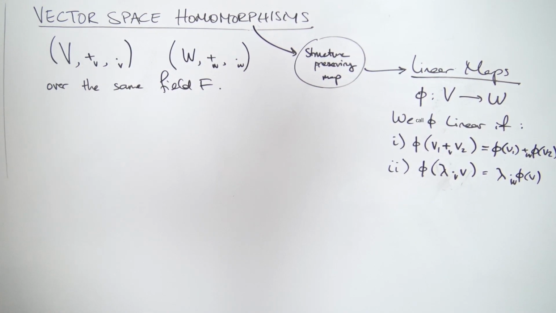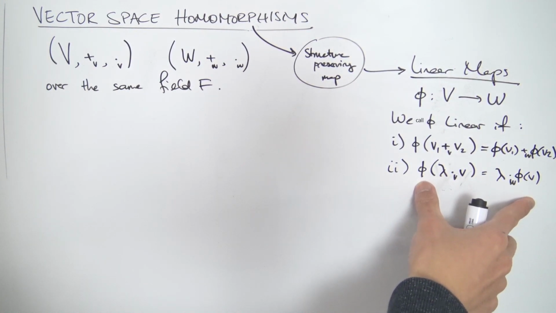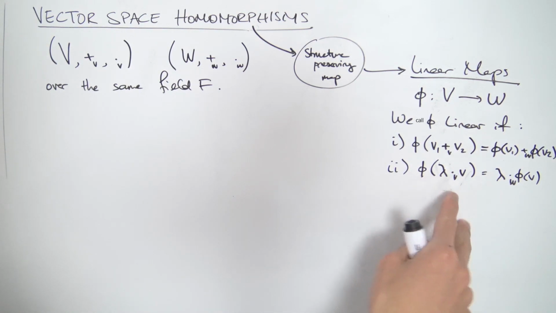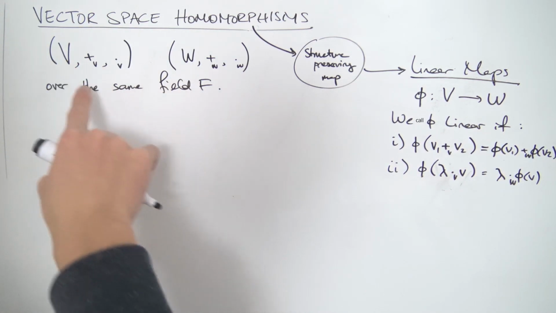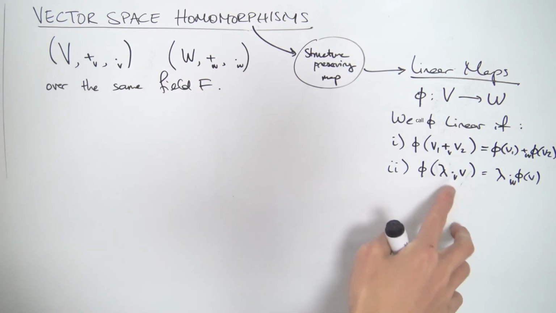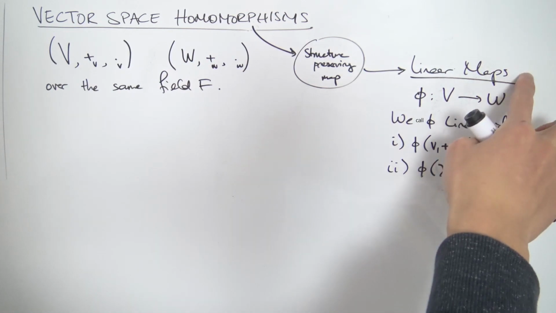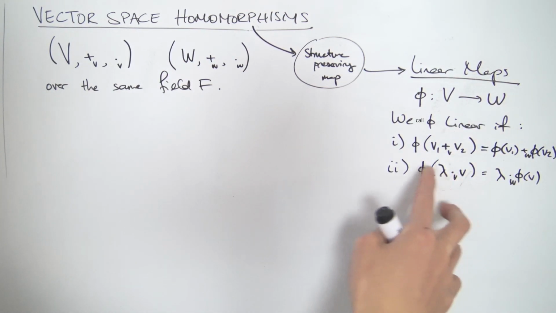And this is particularly important in order for this second condition to make sense, because notice if these two were over different fields, let's say V was over the field F1 and W was over F2, then first of all, this lambda would come from the field F1. If we require this linear property, this lambda jumps out to the front.